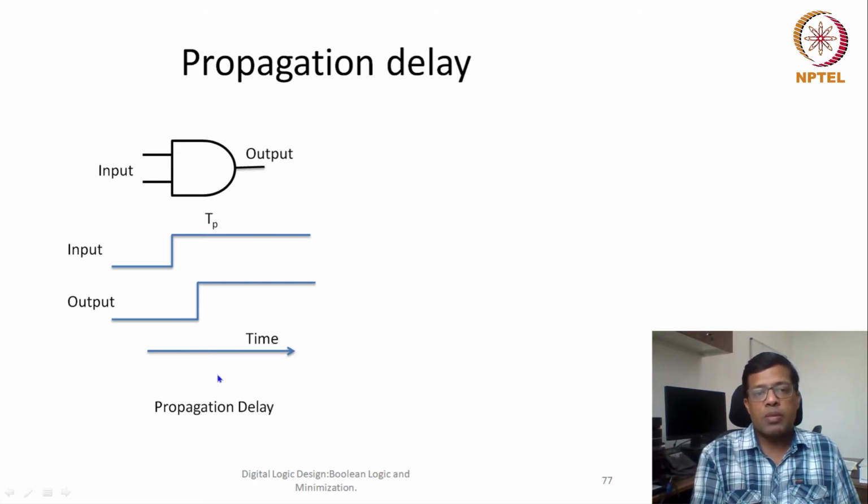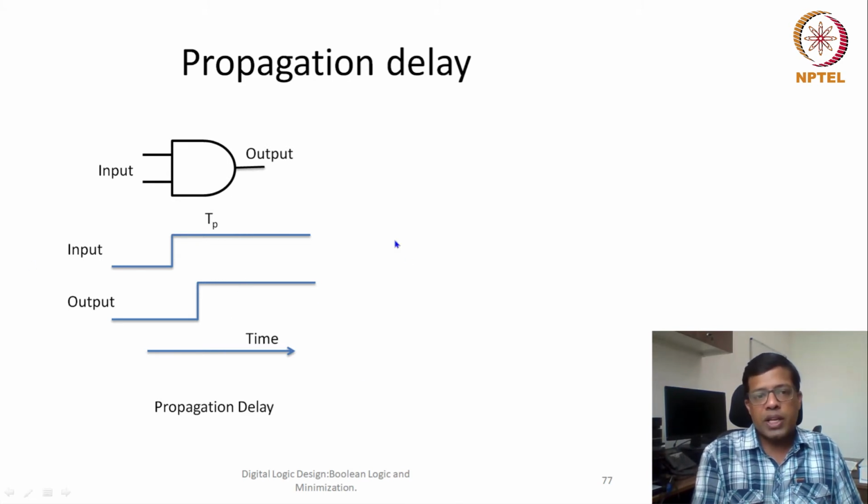This whole diagram is called a timing diagram, where the x-axis is the time axis, and the y-axis has two levels, because all these gates take binary inputs and outputs: one level represents 0, another represents 1.